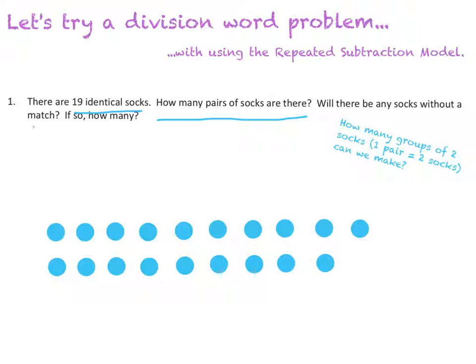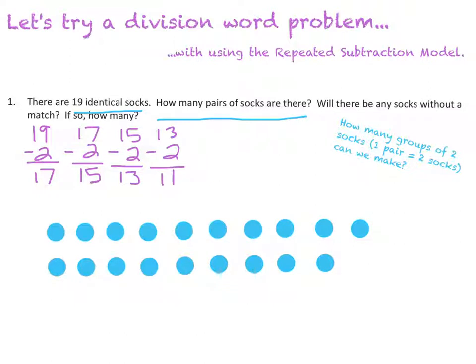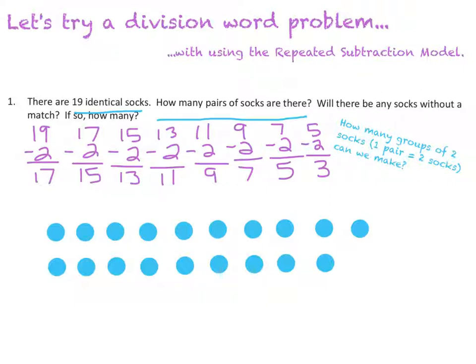Let's see how many groups we can make. 19 minus 2 gives us 17. 17 minus 2 gives us 15. 15 minus 2 gives us 13. 13 minus 2 gives us 11. 11 minus 2 gives 9. 9 minus 2 gives us 7 left. 7 minus 2 is 5. 5 minus 2 equals 3. 3 minus 2 equals 1.